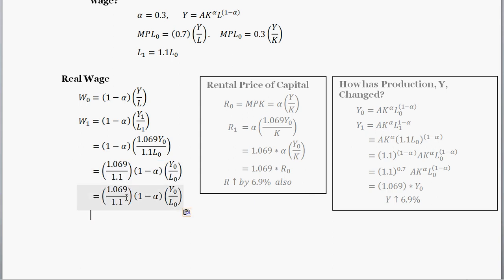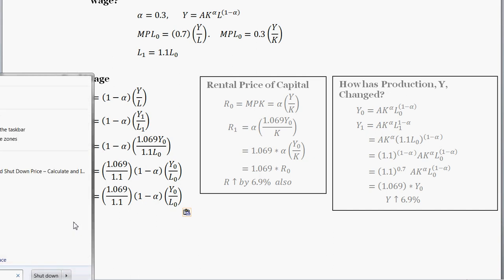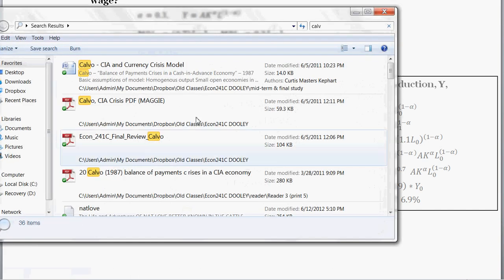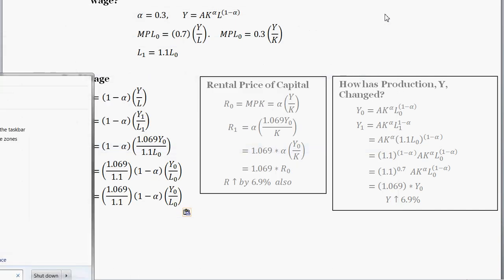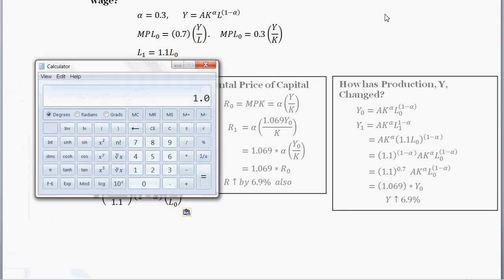And that simplifies to the following. What's 1.069 divided by 1.1?